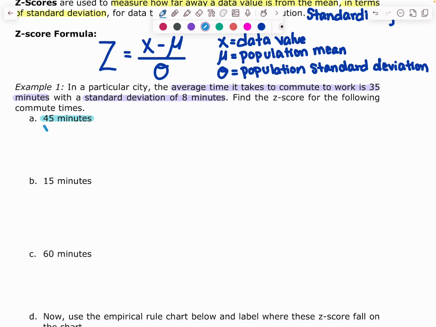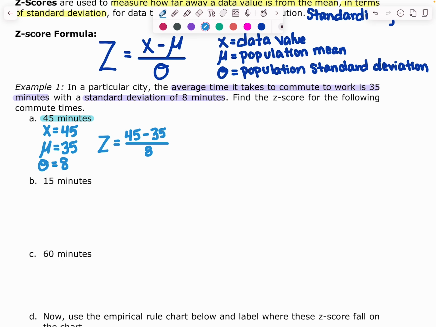So in this first example, our x value is 45, our mu is 35, that's the average for the city, and our standard deviation is 8. So setting up my z-score formula, I'm going to do 45 minus 35 divided by 8.